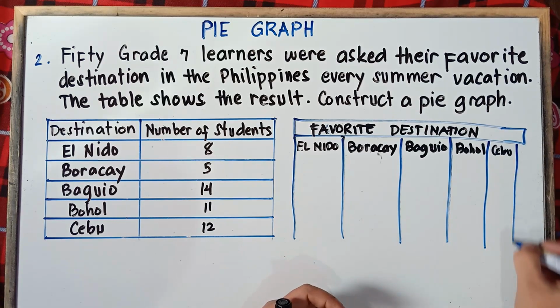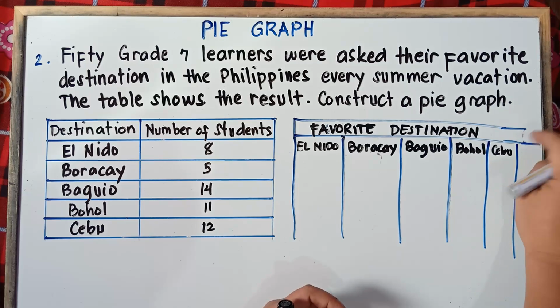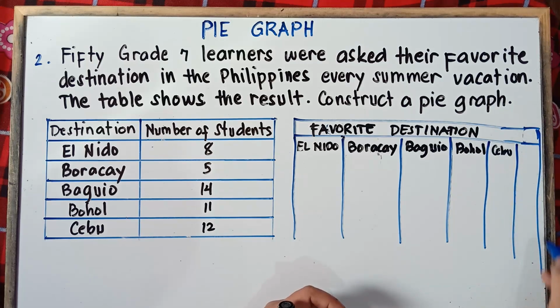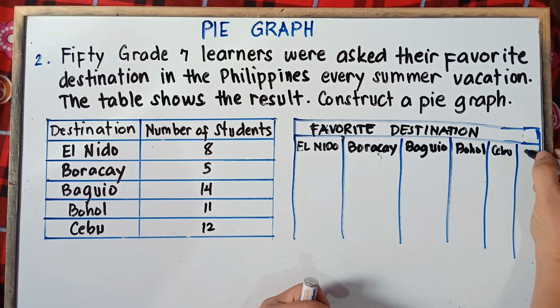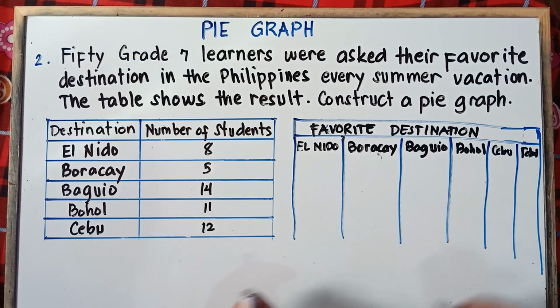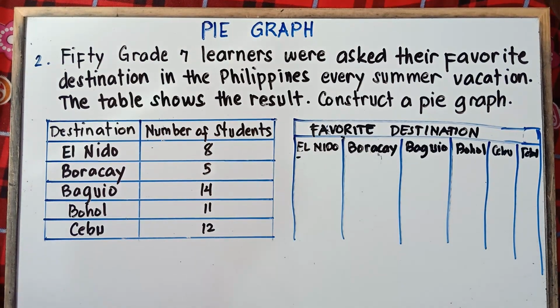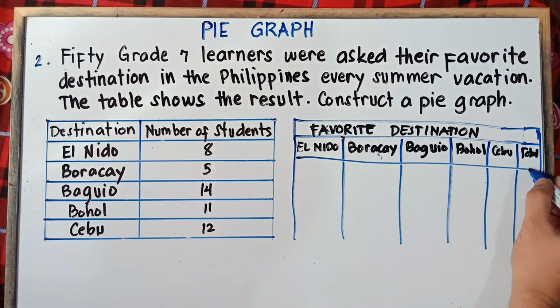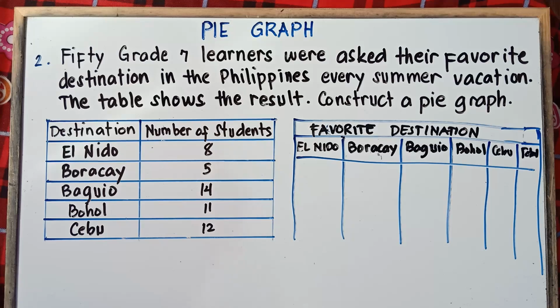And then next one will be the total. So the last column class, this will be total. This will be our rough sketch for our table.